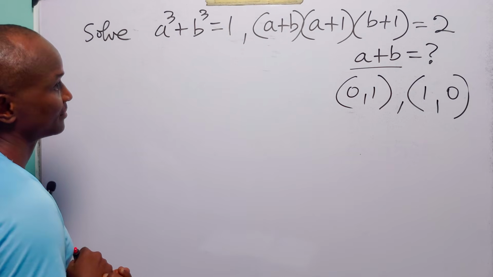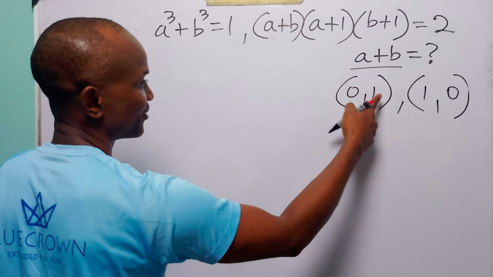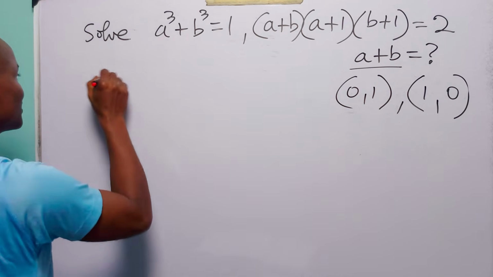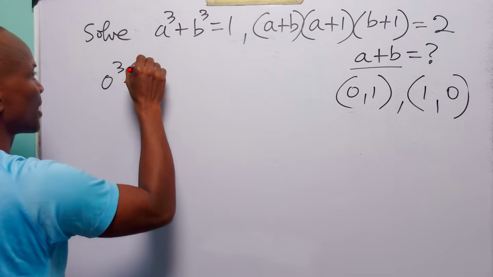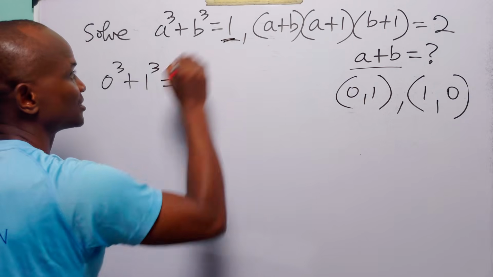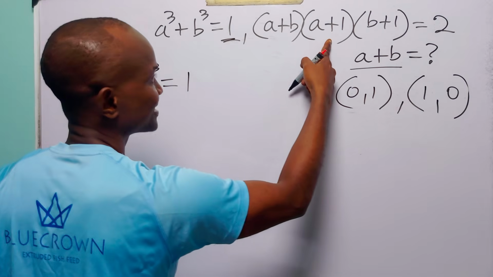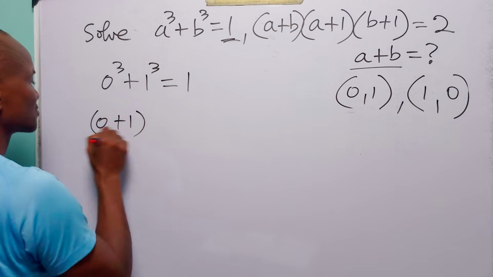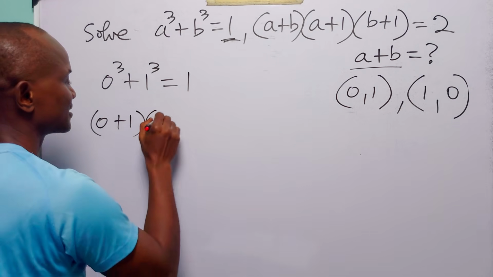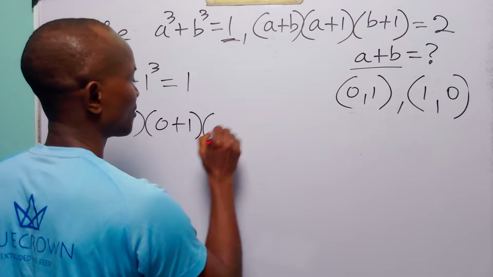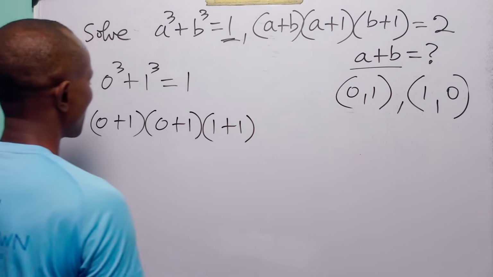Now to check our answer, when a is equal to 0 and b is equal to 1, in this first equation we have 0 cubed plus 1 cubed. Of course, this is equal to 1, which is what we have here. And in the second equation, we have 0 plus 1 times 0 plus 1 times 1 plus 1.